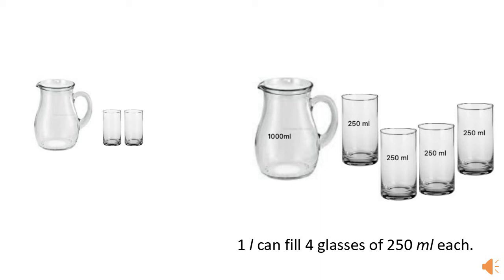Okay, so 250 plus 250 plus 250 plus 250 comes to 1000 milliliter. So it means that 4 glasses can be filled, or otherwise you can also do 250 into 4. So again you will get 1000. It means 4 glasses can be filled with 1 liter. Okay.